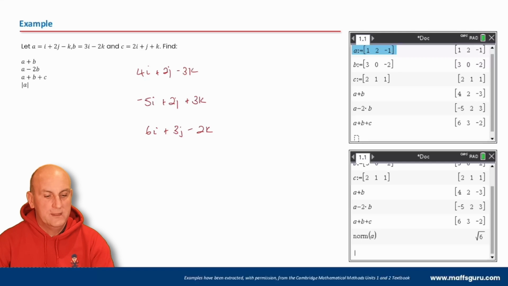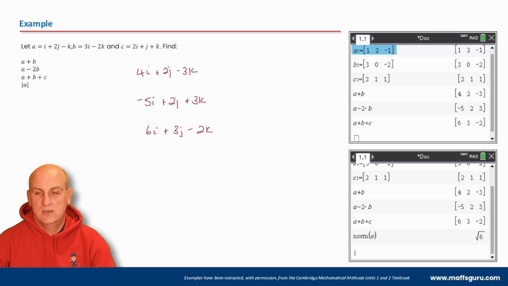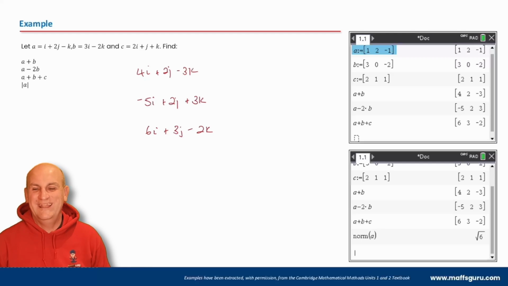So let's do that. I'm just going to do A and see what it does. And actually, no, it doesn't do anything there. So although the notation looks the same as the TI-Nspire calculator, don't do that. You have to go menu, vector, norms, norm, and then A, and it gives you root 13. So that is the length of A in that situation.